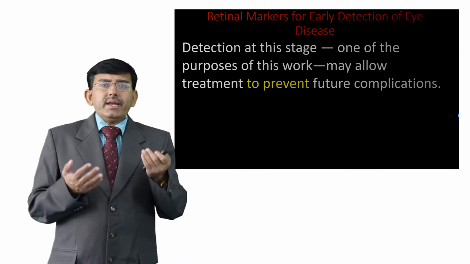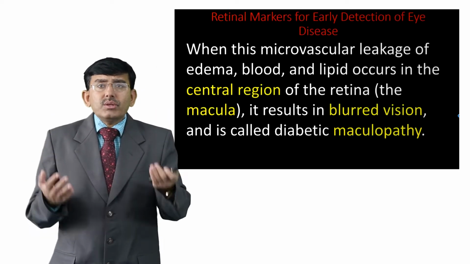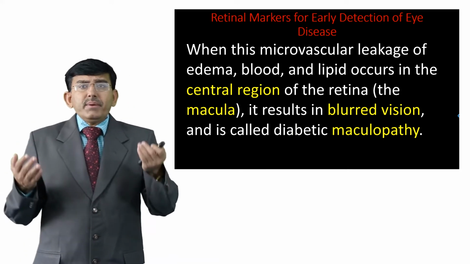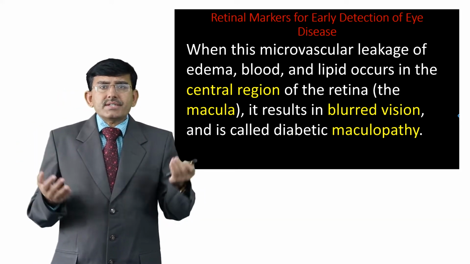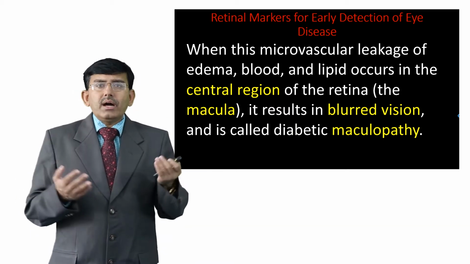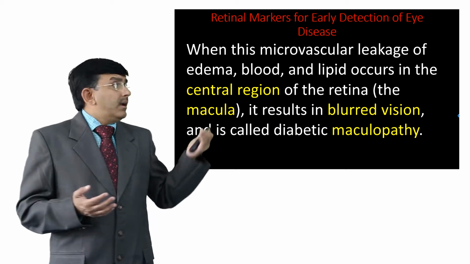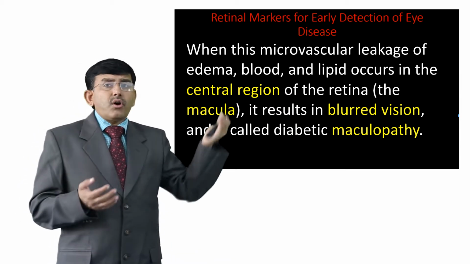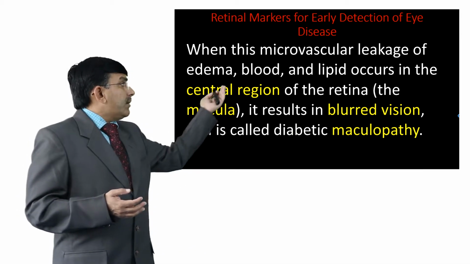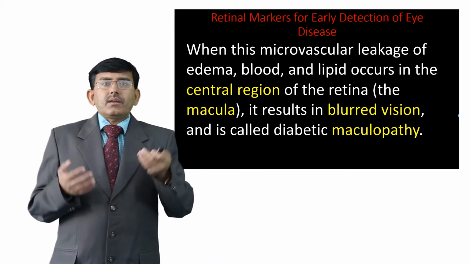When this microvascular leakage of edema, blood and lipid occurs in the central region of the retina, which is called the macula, it results in blurred vision for the subject and is called diabetic maculopathy.